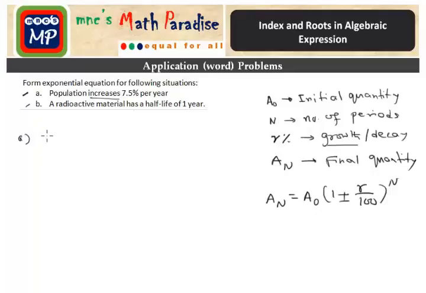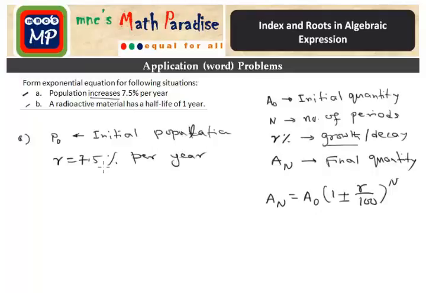Now consider P0 as the initial population, and growth per year r equals 7.5% per year, which is a growth.